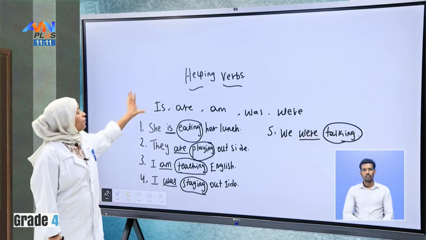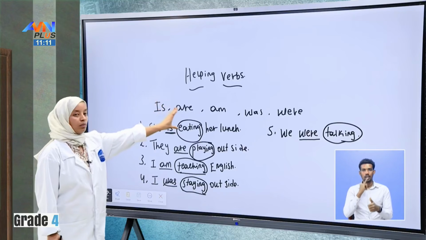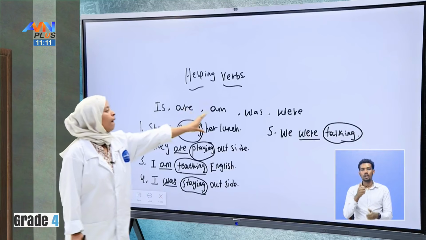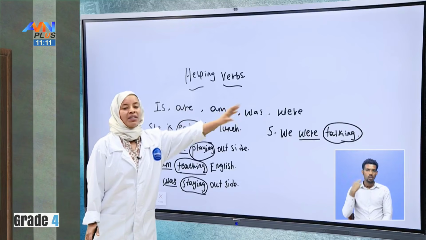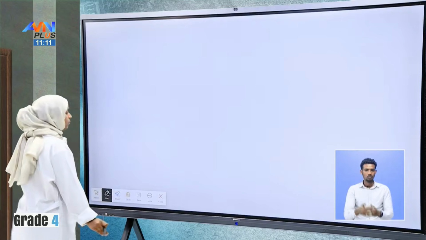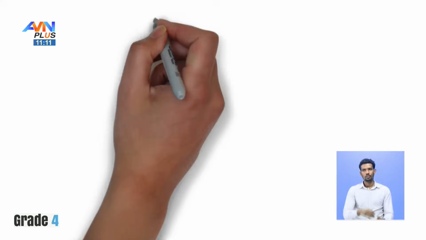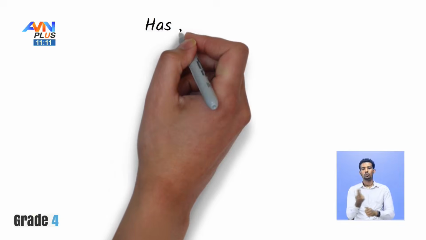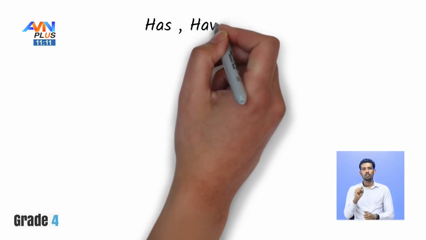This is the first: is, are, was, and were. Let me show you the next one. The next one, we can use has and also have.